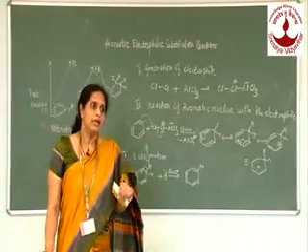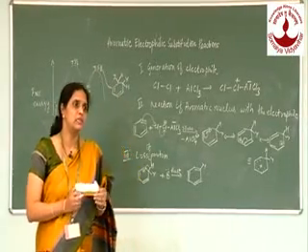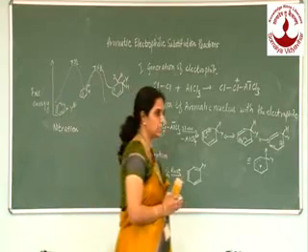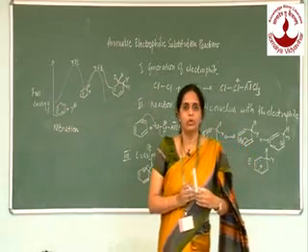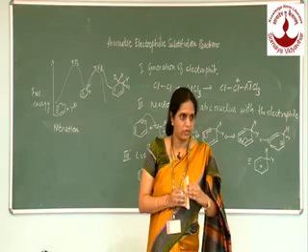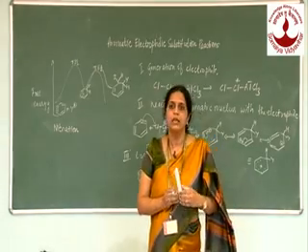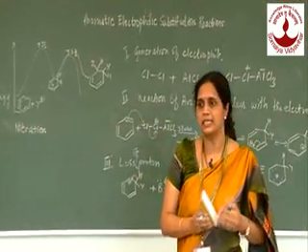Okay. Now we move on to the next reaction, that is sulfonation. You know that sulfonation is also a very important reaction. In case of sulfonation, what do we use as a sulfonating agent? We use concentrated sulfuric acid, H2SO4.